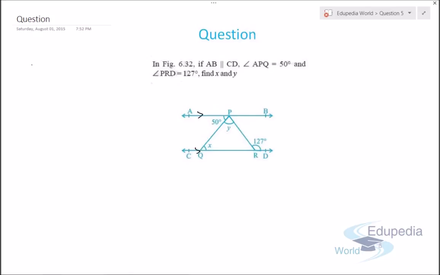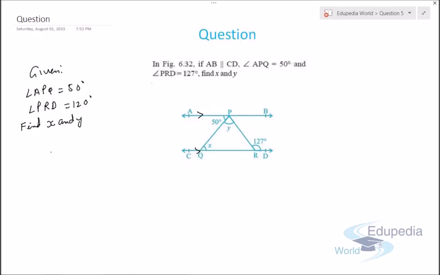So first, what's given? It's given that angle APQ is 50 degrees, angle PRD is 127. So we need to find x and y. So let's see how we can find x and y.